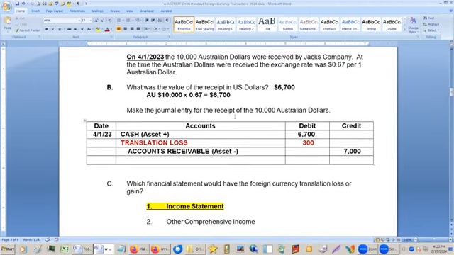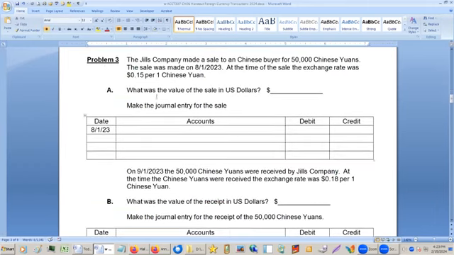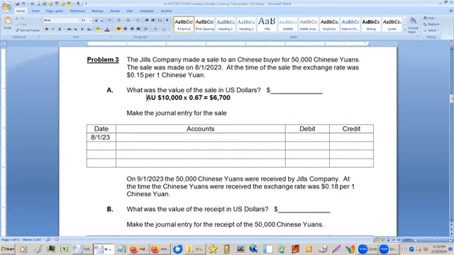Same thing. Okay, so 50,000. And the exchange rate was 0.15. 7,500, I think. Yeah, I checked that.